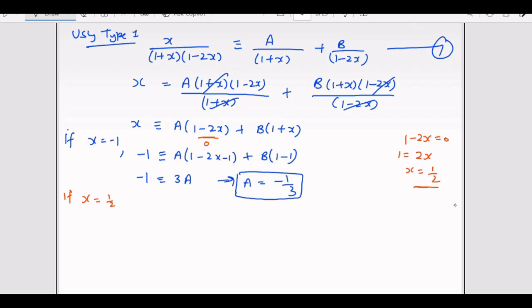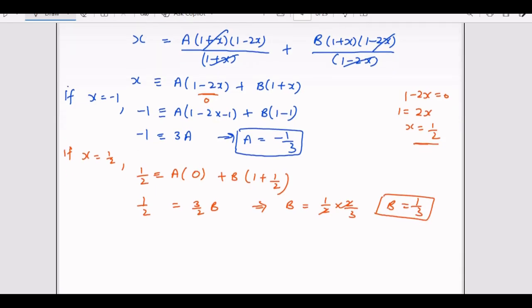Then the left hand side is 1 over 2 equivalent to A into 0 plus B into (1 plus 1 over 2). So this is 1 over 2 and this will be 3 over 2 B, right. So then B is going to be equal to 1 over 2 times 2 over 3. So we got B as 1 over 3.